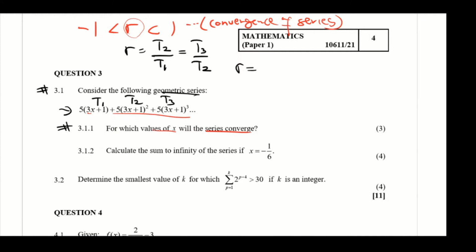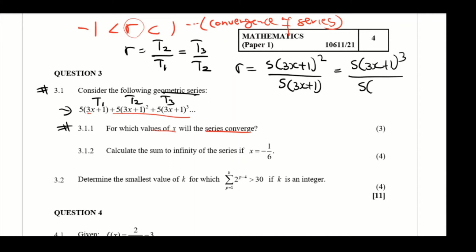So R is equal to our term number 2, it's 5 into (3x + 1) squared, over our term number 1, it's 5 into (3x + 1). The ratios must be equal for us to confirm that that is actually the ratio we're looking for. So here it's to the power 3 over 5 into (3x + 1) to the power 2.